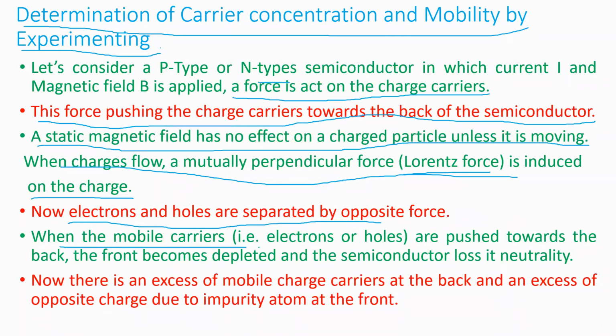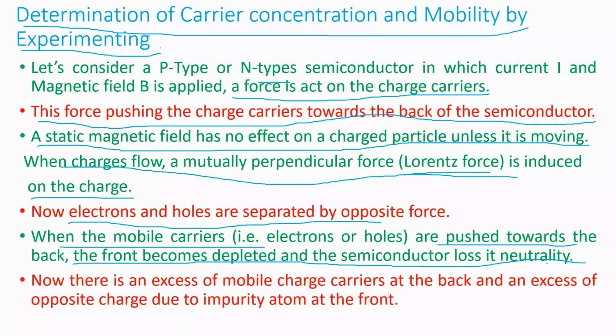When the mobile carriers are pushed towards the back, the front becomes depleted and the semiconductor loses its neutrality. Normally, a semiconductor is electrically neutral. That means it has electrons and holes, but it does not conduct.